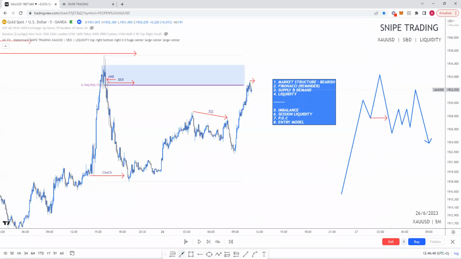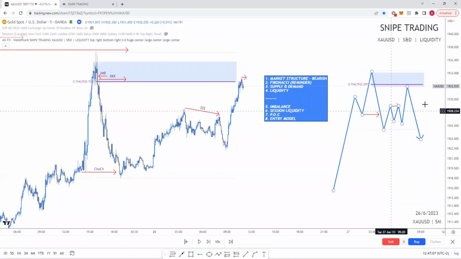If we look closely, pretty much this is what we are trading on the zone. Okay, what we are trading right here is pretty much this entry model, which is the trend reversal 1.